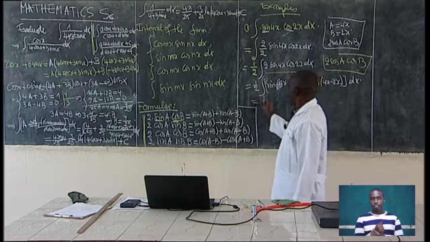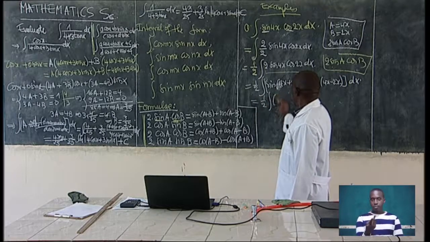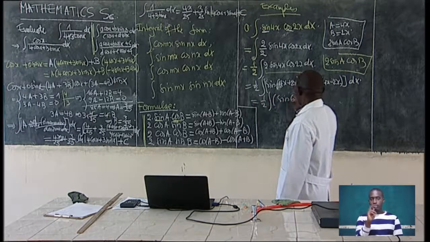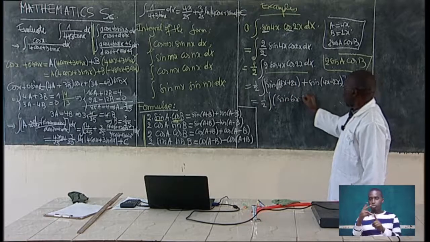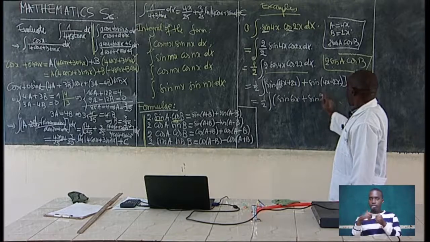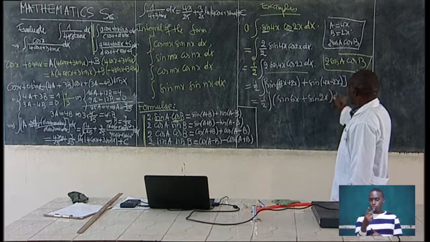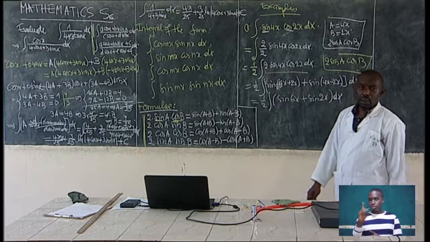I have a half integral of sine 6x, because 4x plus 2x is 6x, then plus sine 2x dx.